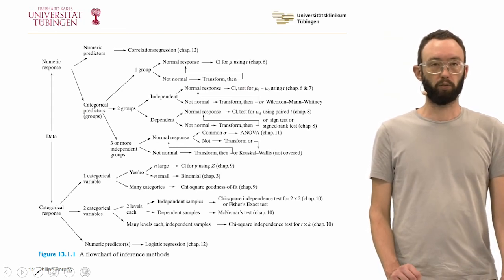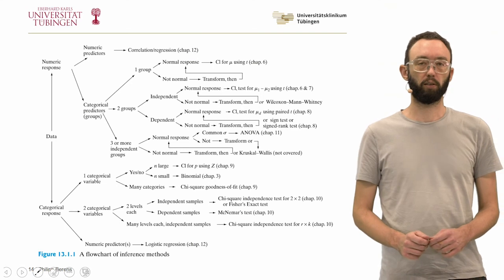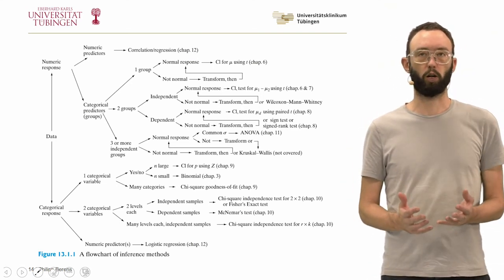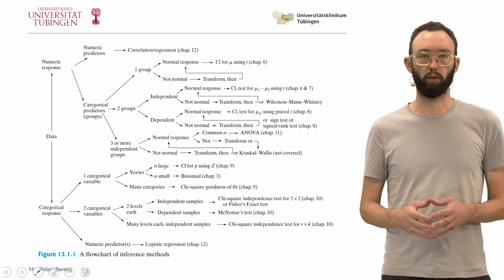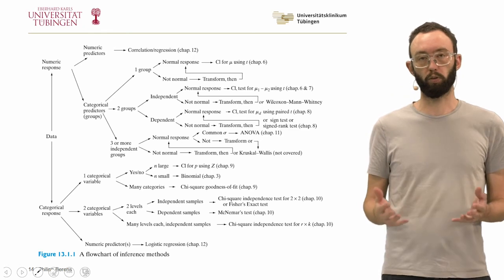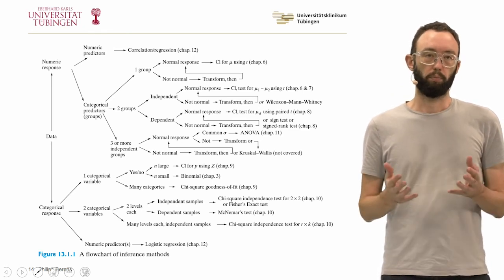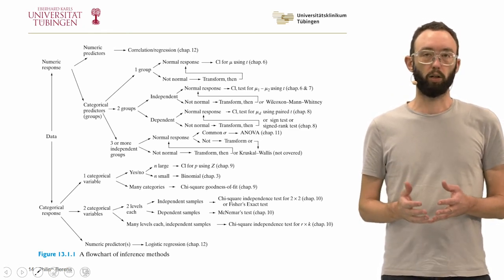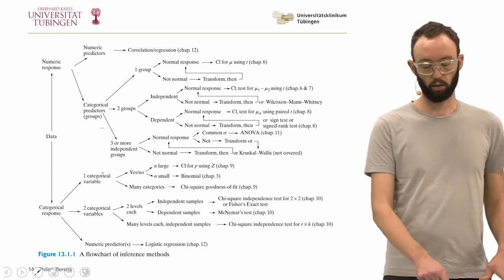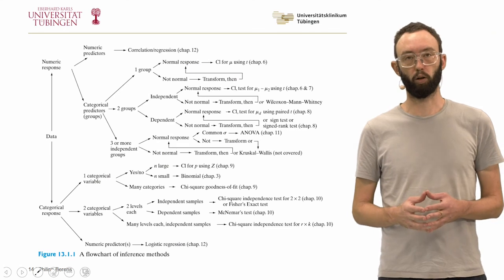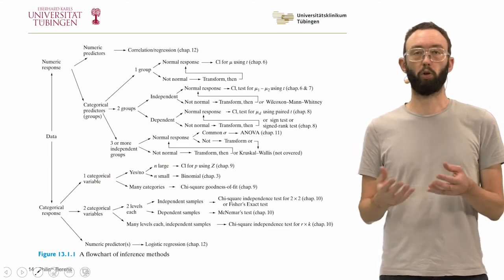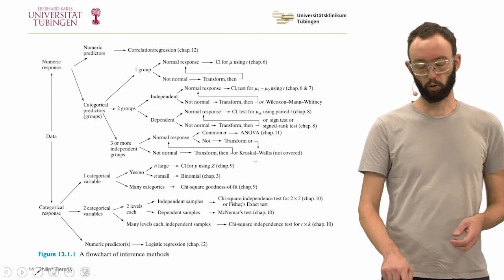So with all of these different methods, I think we have covered a lot of essential topics that you need for your everyday life as a scientist in the life sciences or in whatever scientific discipline you work in. Of course, there's much more. But I also hope that you're now able, if you encounter a scenario which does not fit into any of these boxes, to recognize that because you know the assumptions that each of these boxes makes.